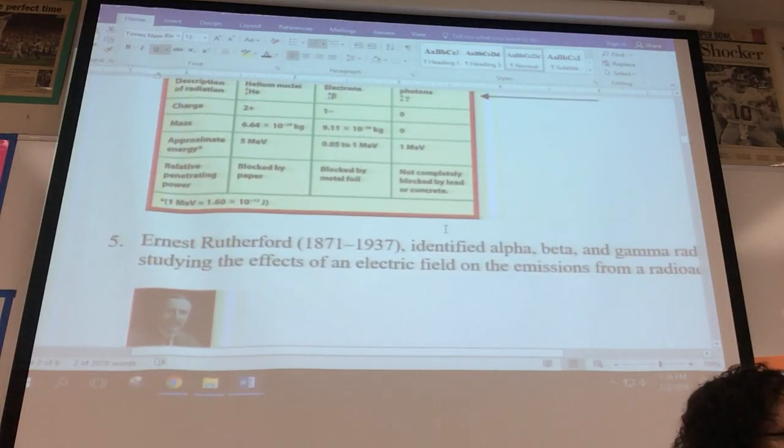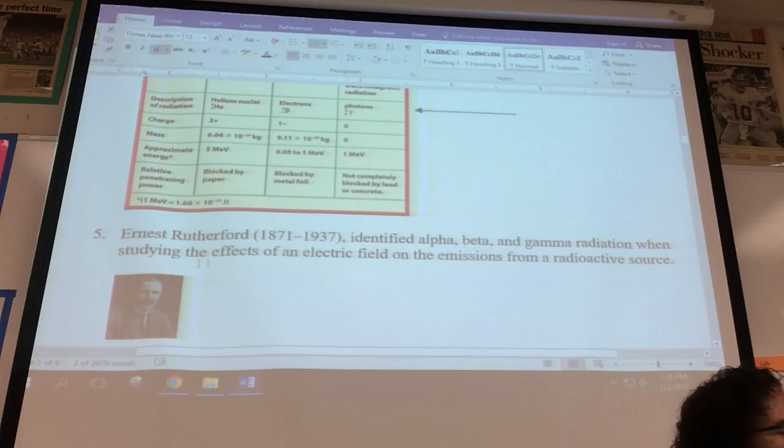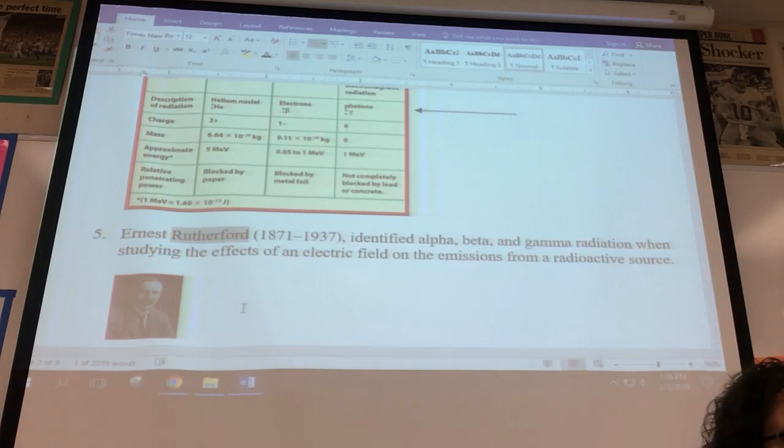It was Ernest Rutherford who identified alpha, beta, and gamma radiation, and we talked about Rutherford earlier in the year. What else did Rutherford discover? Protons, gold foil, electrons. He did the gold foil experiment, which showed what? It showed that protons were located in the nucleus of the atom.